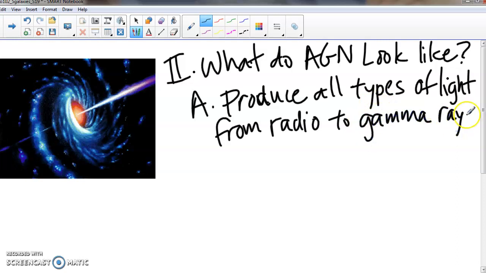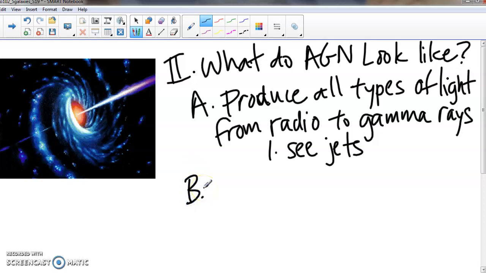And we see jets. So sometimes we see jets of radiation at these different wavelengths. So we have a really bright source, plus we have jets in radio, optical, gamma rays, the whole shebang.